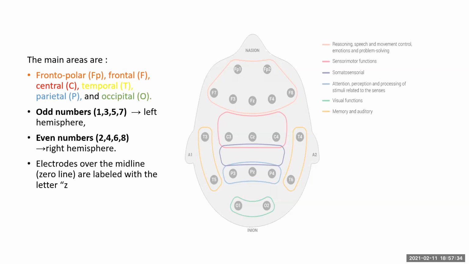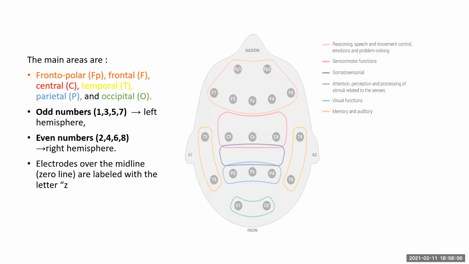For example, as you can see in the picture, the orange color we will place in the frontal area, and for the red one we place the electrode in the central lobe, and the yellow one in the temporal lobe, the blue one in the parietal, and the green in occipital.